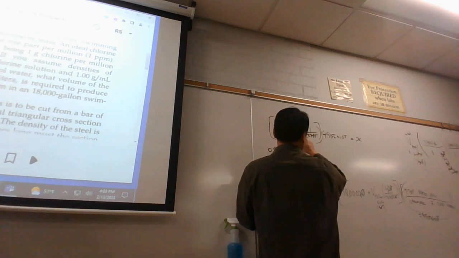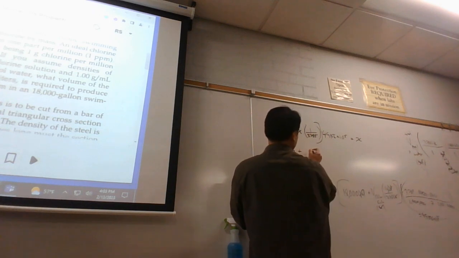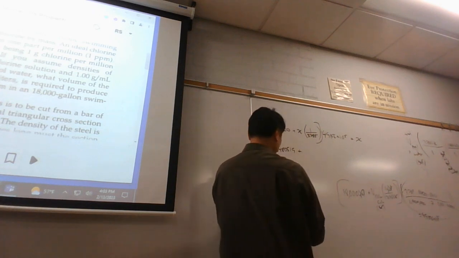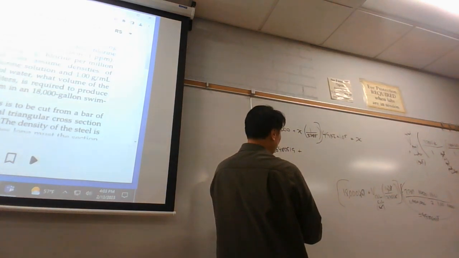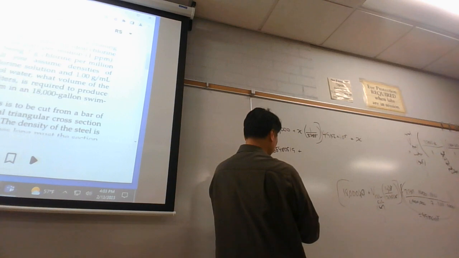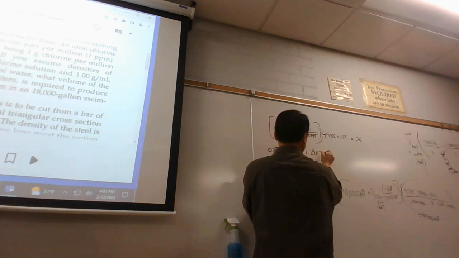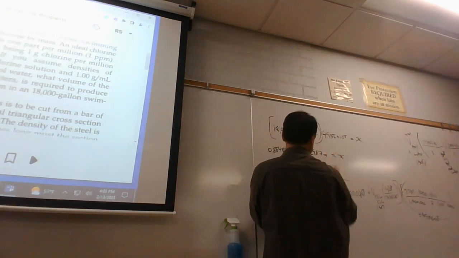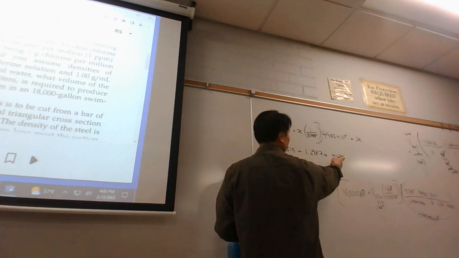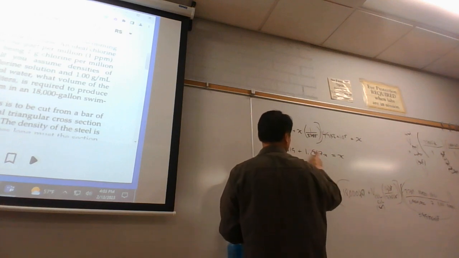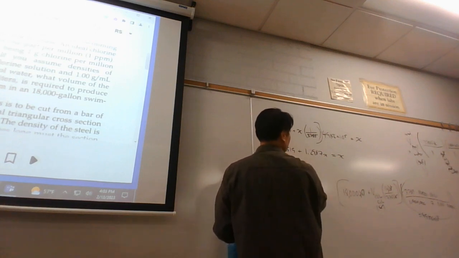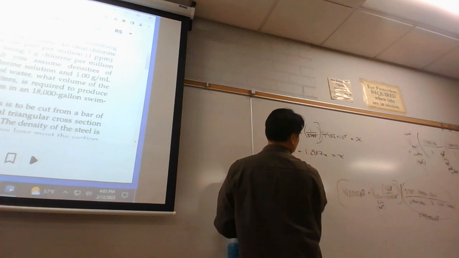And then this times this, so this is going to be plus 4.9156 divided by 3.785, which is 1.2987x is equal to x. Then I'm going to subtract an x from both sides and then subtract this from both sides here.